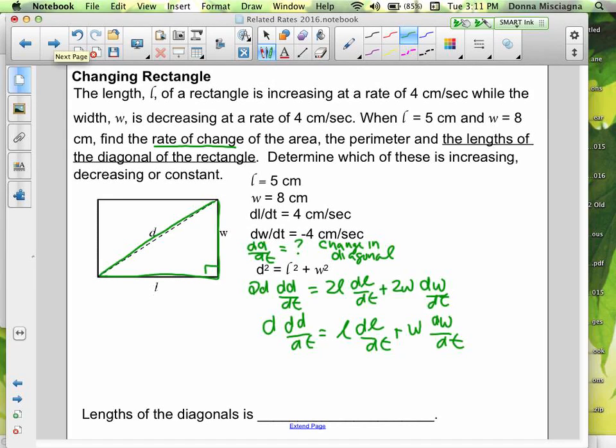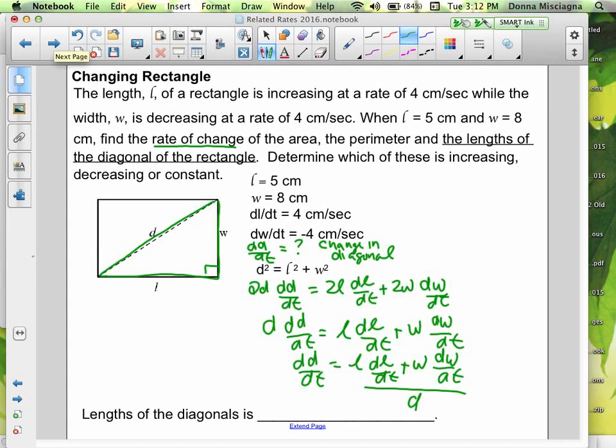Right, so now we'll just divide by D, and I realize we never did find out what D is. We have everything else, and we're looking for dD/dt, but we never did find D. Well, that's just an algebra problem. We just use the Pythagorean theorem over here to find out what D is so that we can replace.